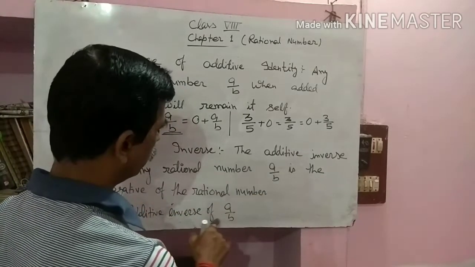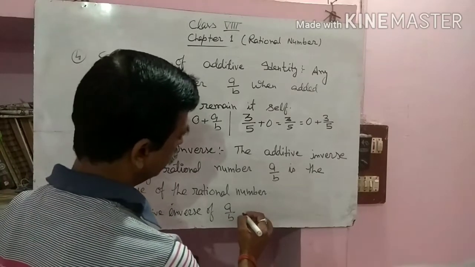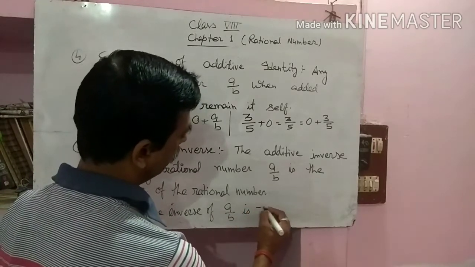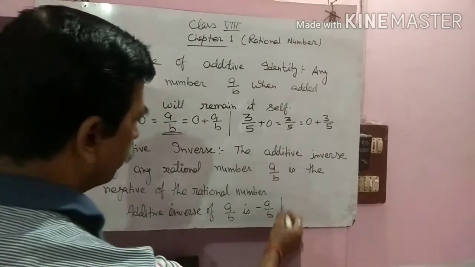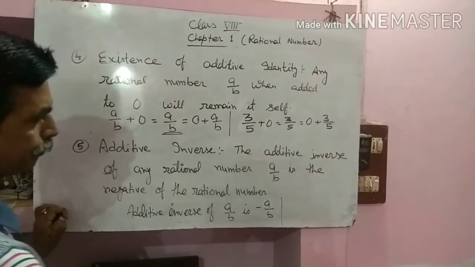The additive inverse of A by B is what? Minus A by B.